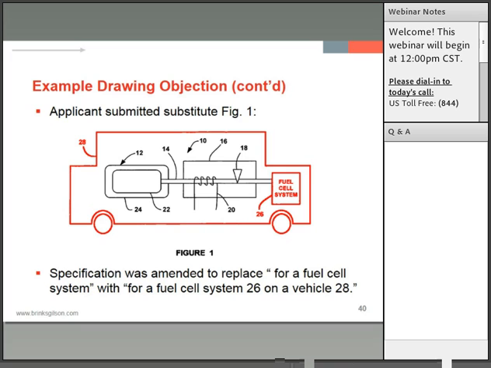So instead of reading for a fuel cell system, the specification read for a fuel cell system 26 on a vehicle 28. So as you can see, the vehicle is not a real vehicle. It's only shown with circles for wheels, and it's like a jack box. But the examiner didn't like that.